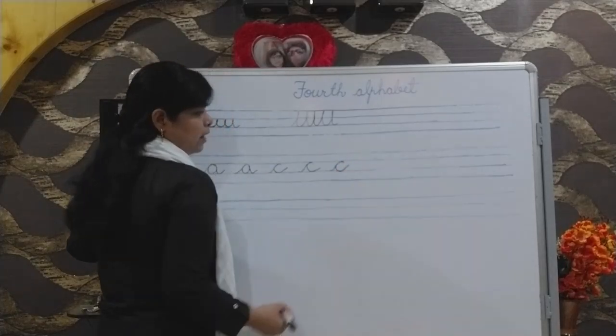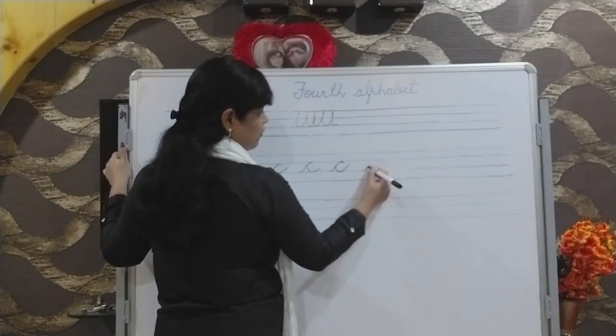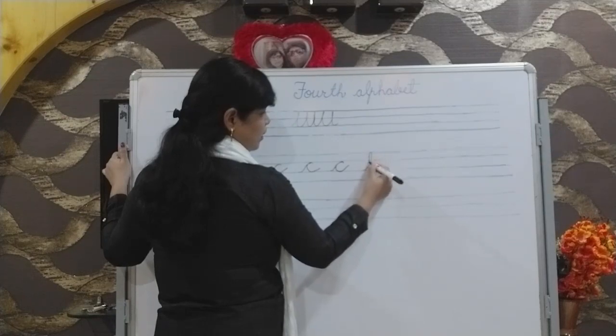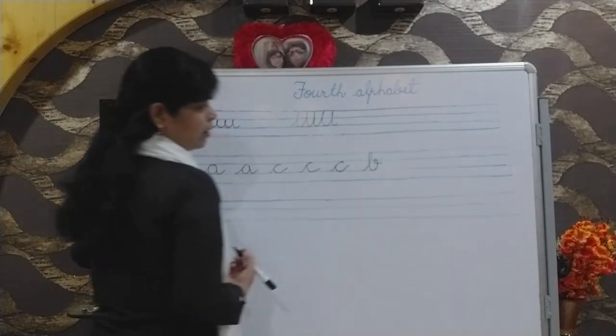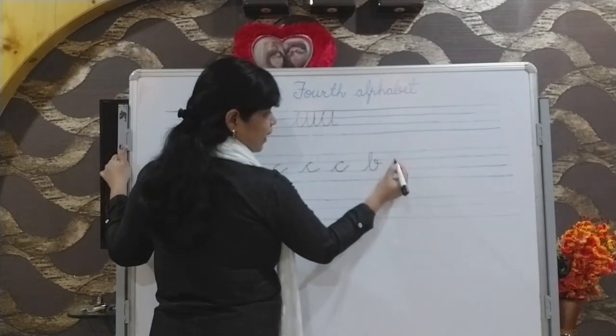Now we will start how to make B. From the third line only we will start. Go through the upper side. One more time you have to see: first, second and third line.